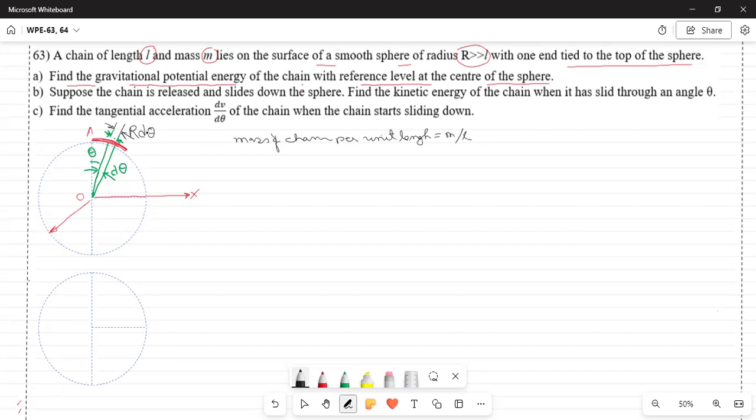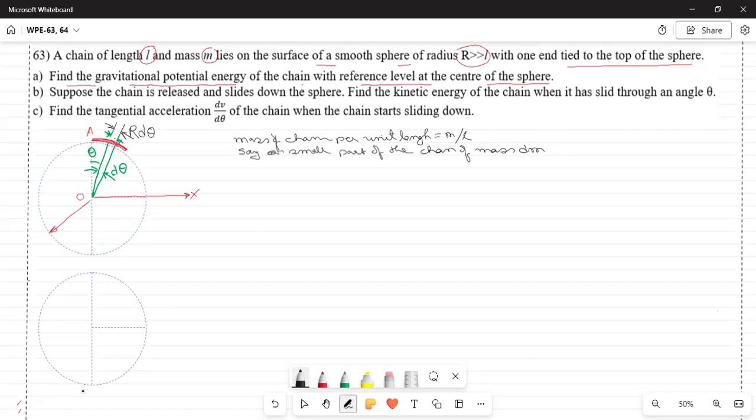Let us say a small part of the chain of mass dm. That means the mass of this small length r d theta is considered to be dm.